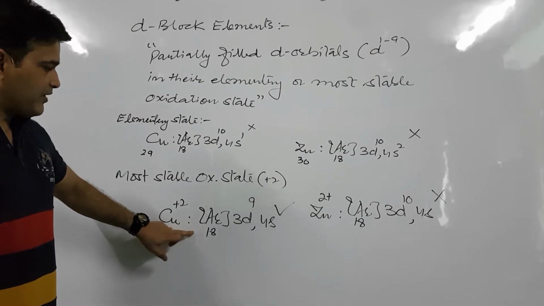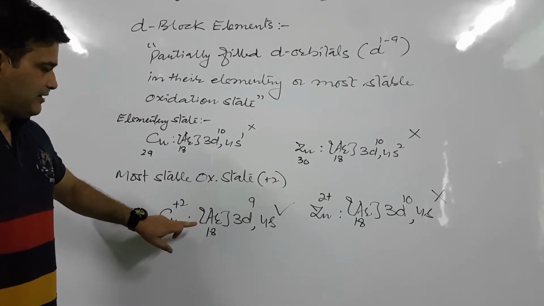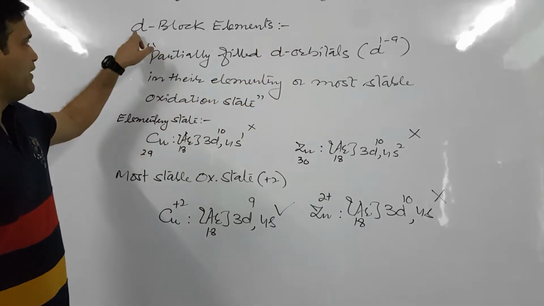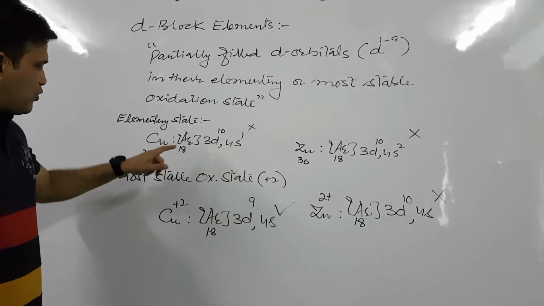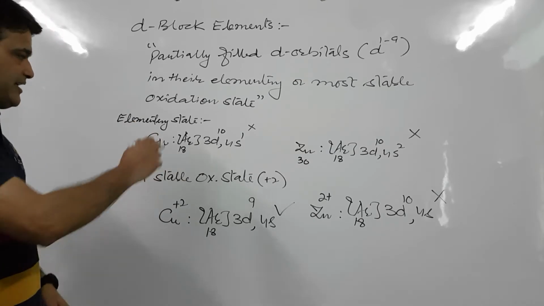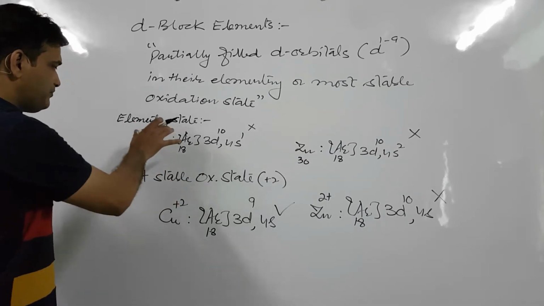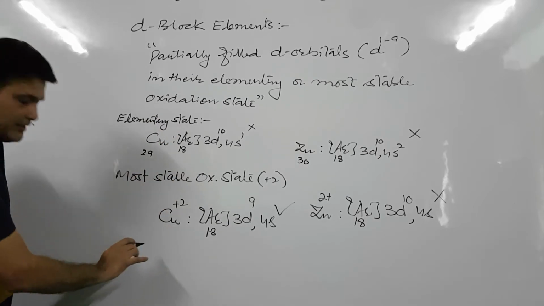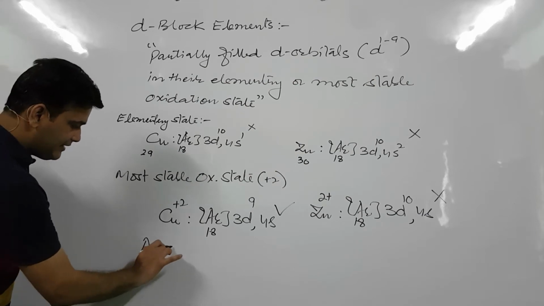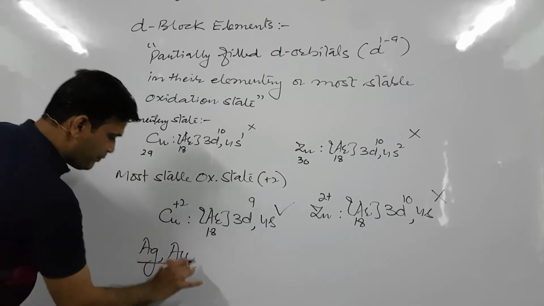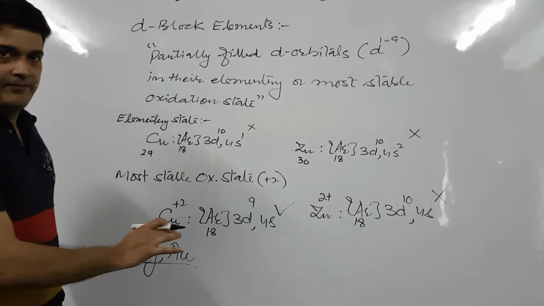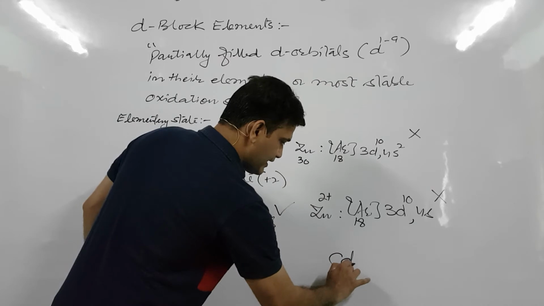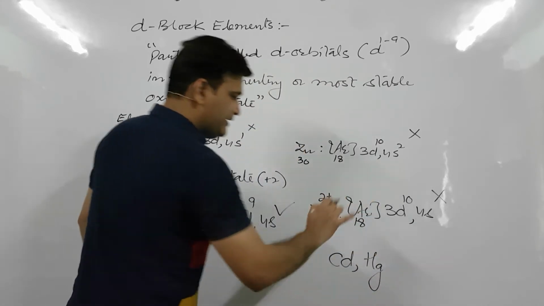So this fulfills the requirement of d orbitals of d block elements. So copper is the d block element, and similarly the other elements in the same group, silver and gold.